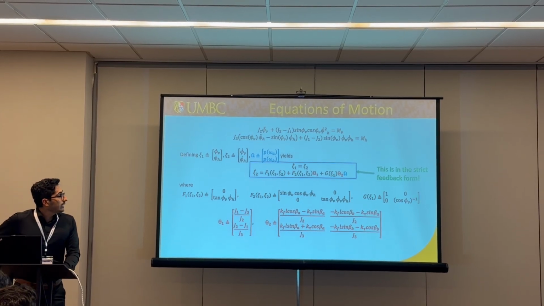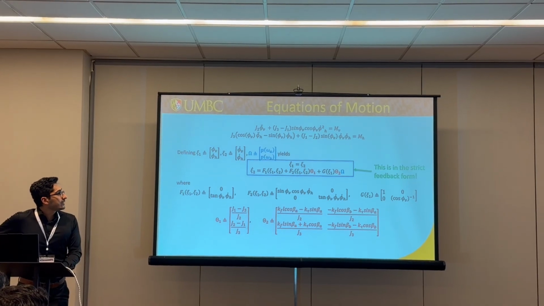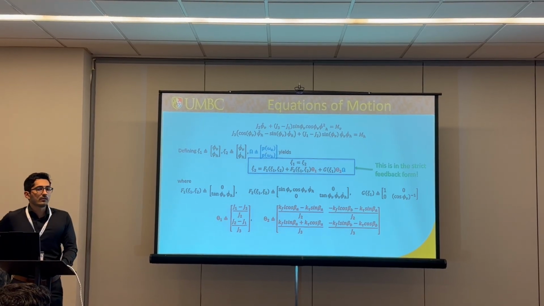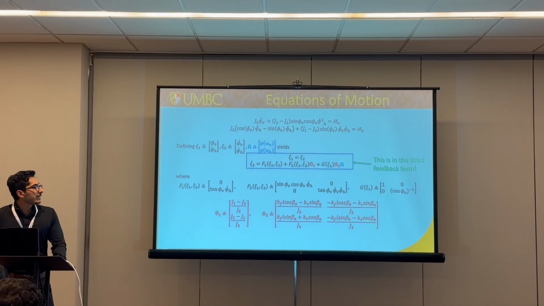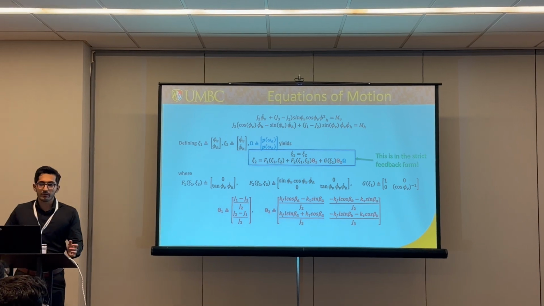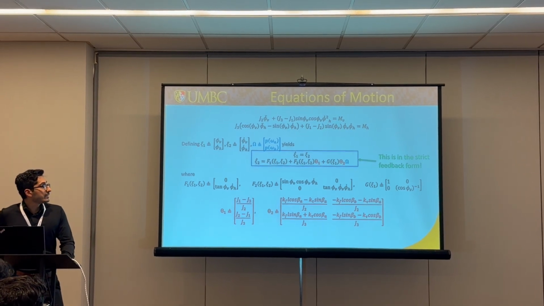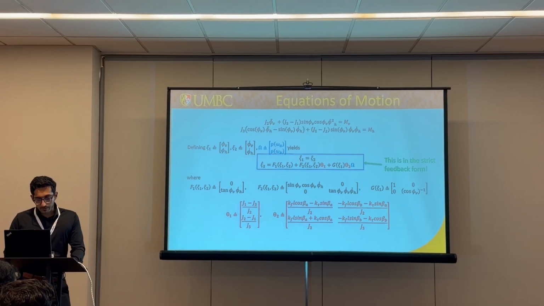As you can see here, we have two parameter matrices, theta 1 and theta 2. They are unknown, and we want to use adaptive techniques so the controller can adapt to variations in these parameters. And the matrices are defined.